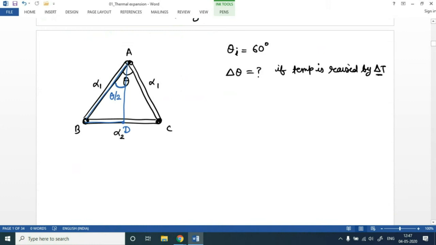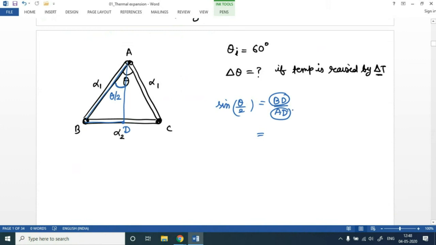So if I write sine theta by 2, it is going to be nothing but BD by AD, and the length BD will change and the length AD will change when temperature is changed. Okay, and let's say T is equal to 0 degrees Celsius, we are taking the reference temperature.